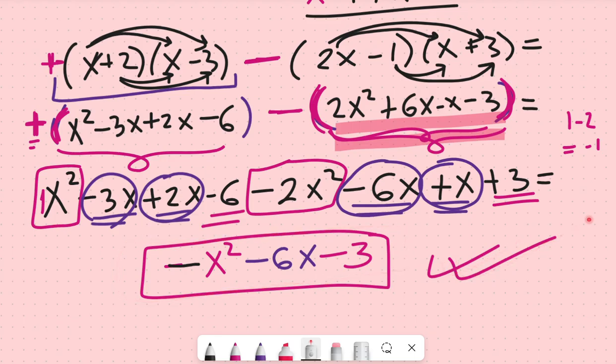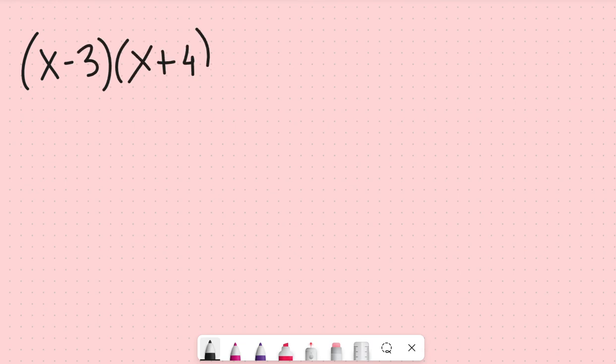All right, I said 2 more examples, but it's actually now that we have 2 more examples. Guys, what happens if we have brackets 3 times? What if we have x minus 3, x plus 4, and for example, 2 minus, let's say, 2x. Okay, what happens this time?